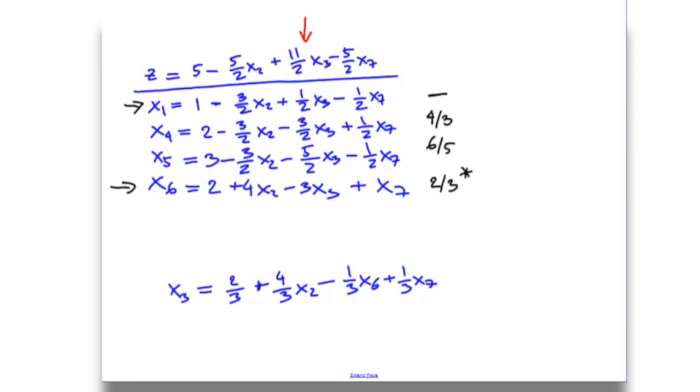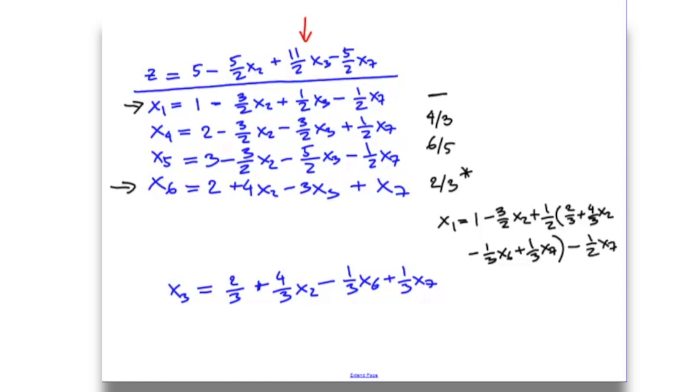For example, if I look at x1, x1 is 1 minus 3/2 x2 plus 1/2 x3, and then for x3 we write the expression that we just got, which is 2/3 plus 4/3 x2 minus 1/3 x6 and plus 1/3 x7, minus 1/2 x7.